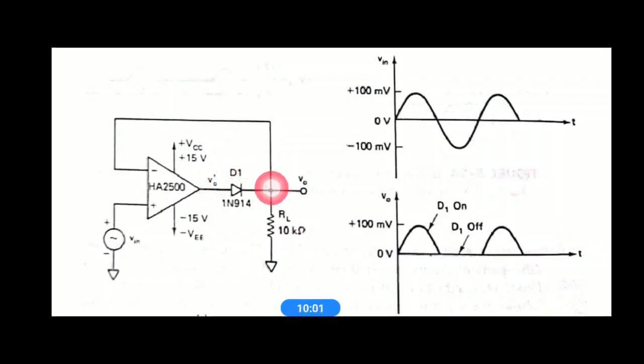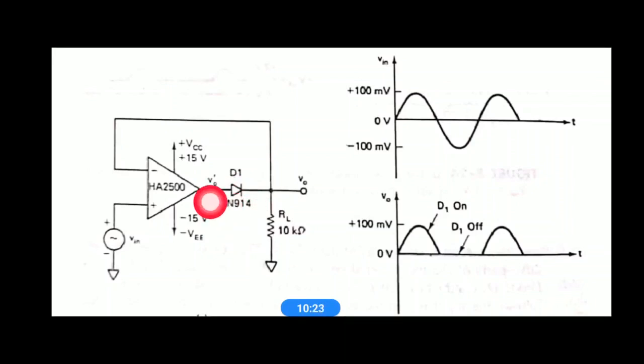The voltage is 10 volt minus 1 millivolt, approximately 10 volt. 10 volt is applied to the diode D1, hence the diode D1 will become forward biased.